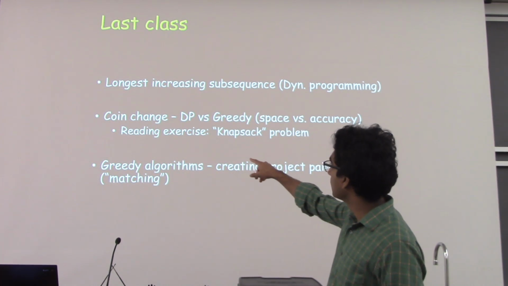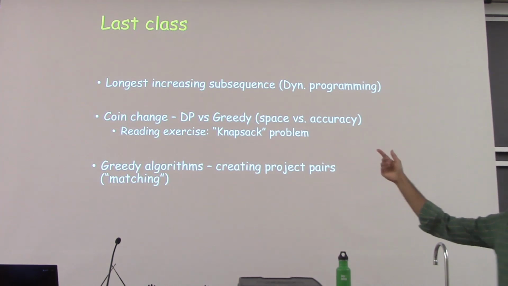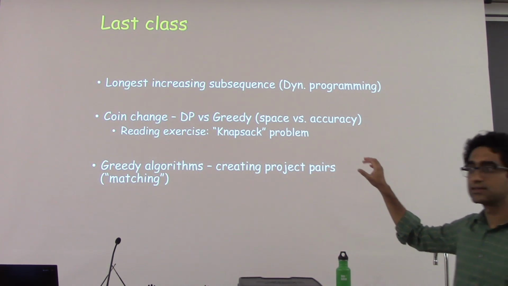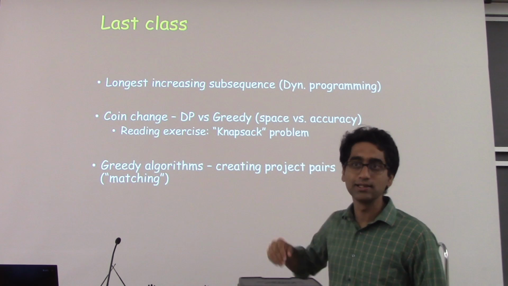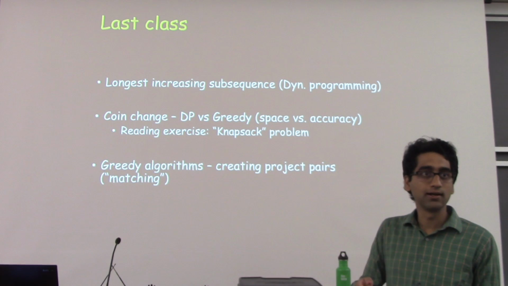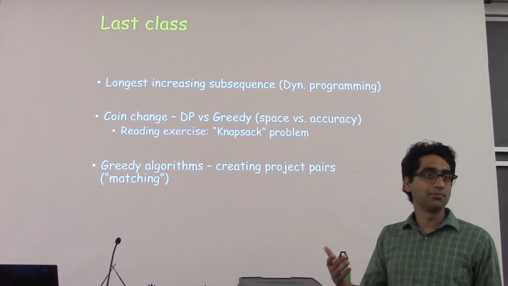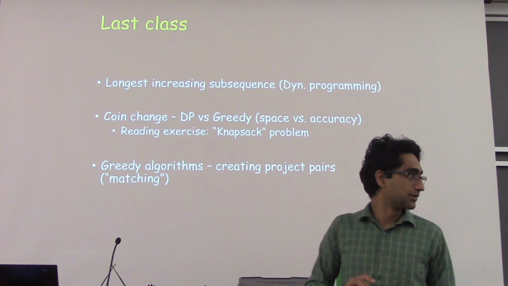And a related problem to this, which we'll also explore in the homeworks, is what's called a knapsack problem. It's kind of a generalization of this coin change problem, where it's not the number of coins that you want to minimize, it's some weighted sum of the number of coins that you want to minimize.